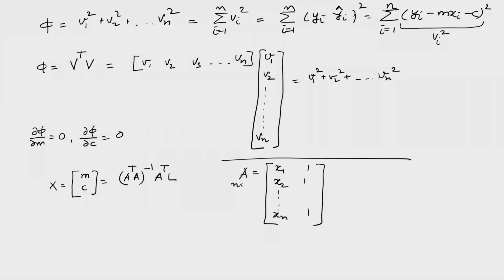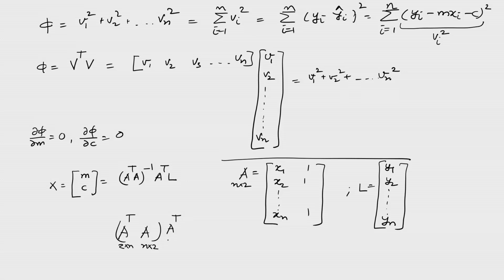It is n by 2 matrix here. A transpose will be transpose of A. L matrix is y1, y2, yn. So, if I multiply, I will get 2 by n into n by 2, and then here again A transpose, which is nothing but 2 by n, and L matrix, which is n by 1 here.